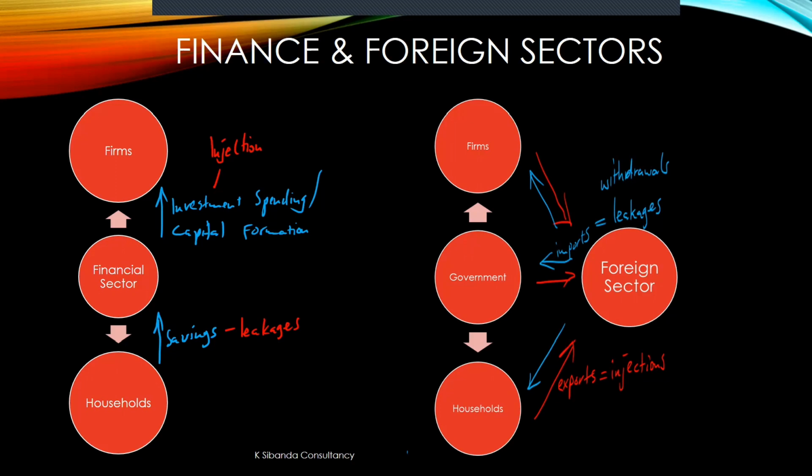It's being withdrawn from South Africa's circular flow of income. So imports in that sense become leakages, because we are paying money to that Mozambican firm or that American firm to get certain goods and services, right?